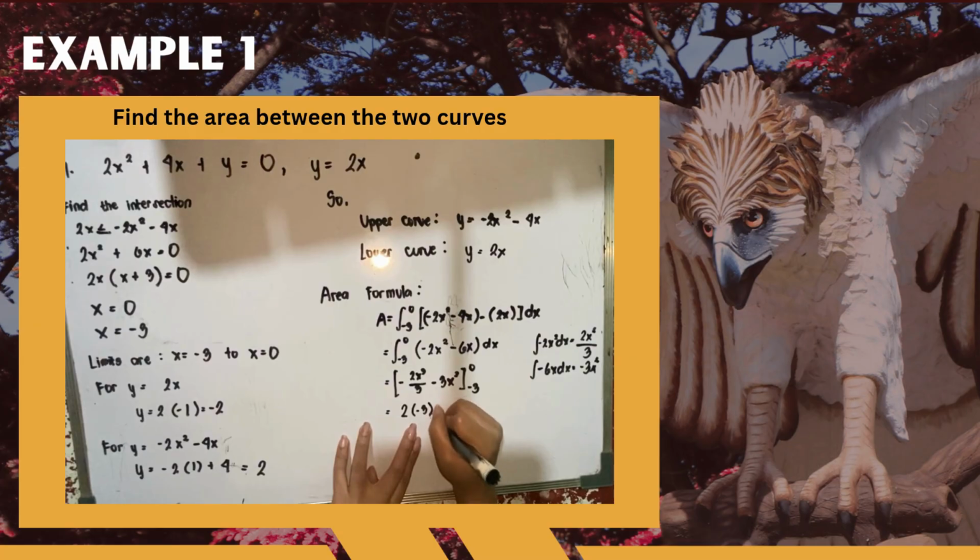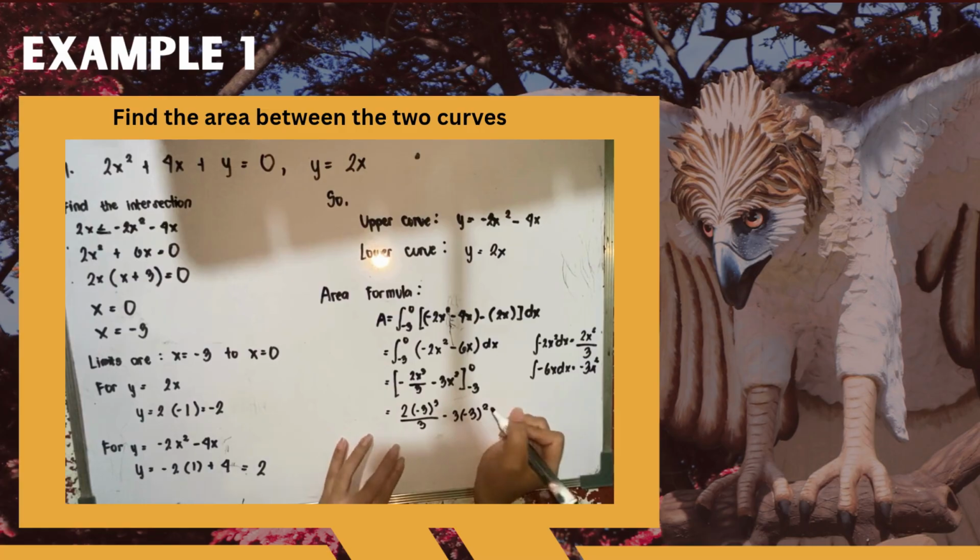So we have 18 minus 27, then we have negative 9. So A equals 0 minus negative 9. So our area is equal to 9.